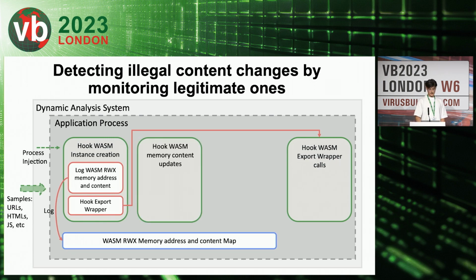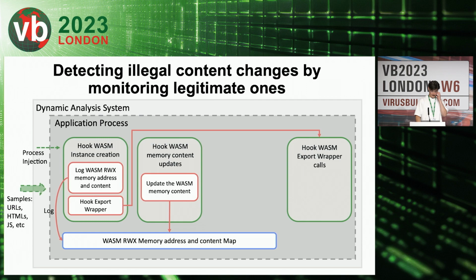Another hook we're going to put is on memory content updates, because we want to detect when there are illegal content changes in that RWX memory. We have to know when there are legitimate changes in that region, either because there is optimization, or just recompilation of the whole module.